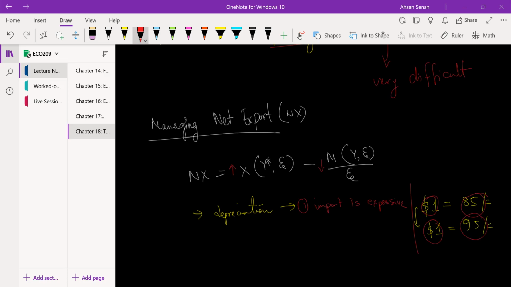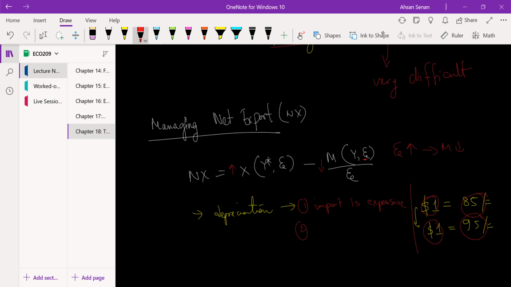So import is expensive. As a result, import is going to go down, right? So effectively, what's happening is that E is going up. As a result, M is going down. This is the first thing that will happen.